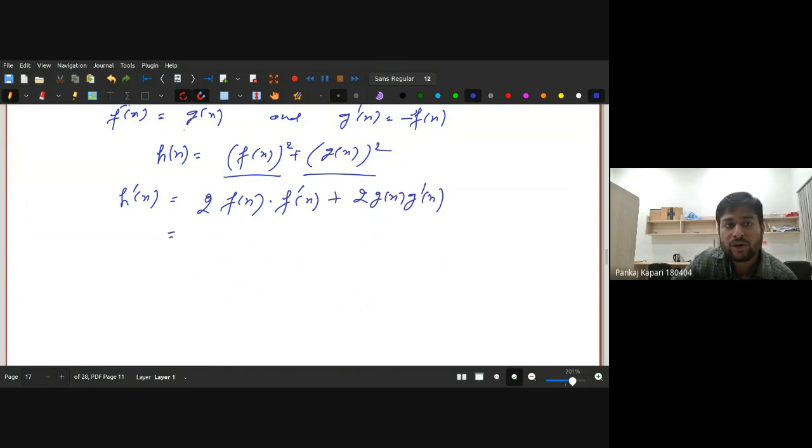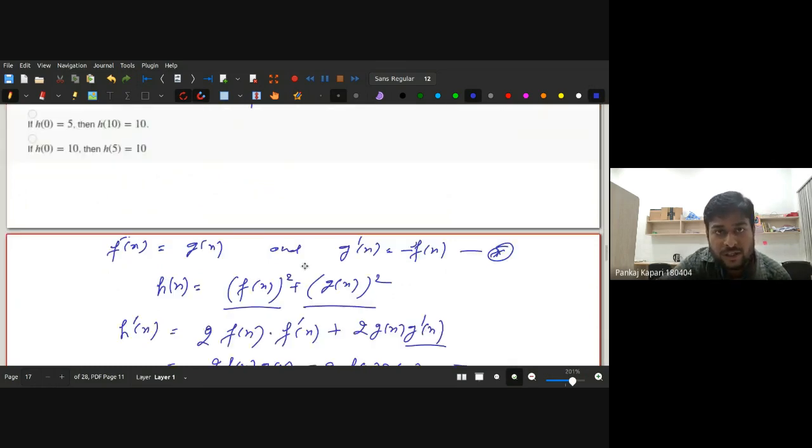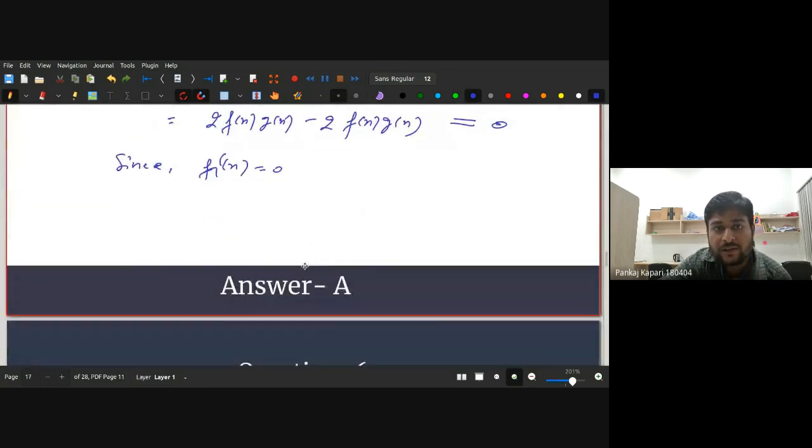Now you can apply the star relations. The derivative of f is g, so this is 2 times f(x) times g(x), and the derivative of g is minus f(x), so this is minus 2 times again f(x) into g(x). That means it is equal to 0. Now the derivative of this function h is 0 everywhere, whatever the domain, since there is no domain specified.